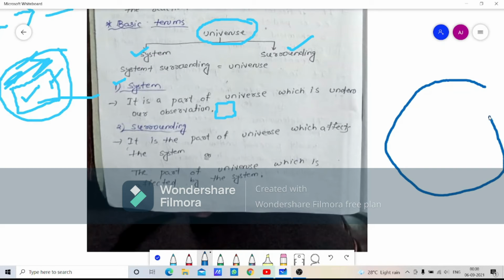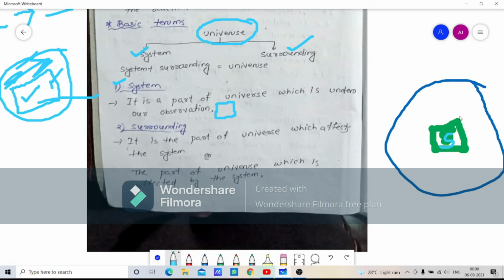This is our whole universe. If this is our whole universe, then there is a little part, this is our system, S. If this is the surrounding, then this is our system.